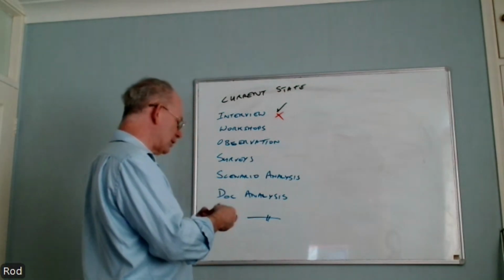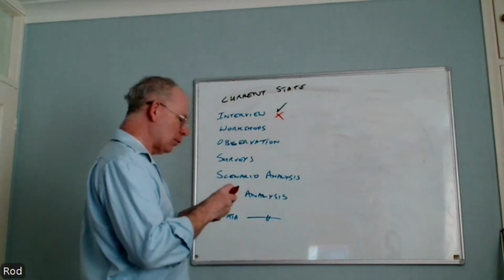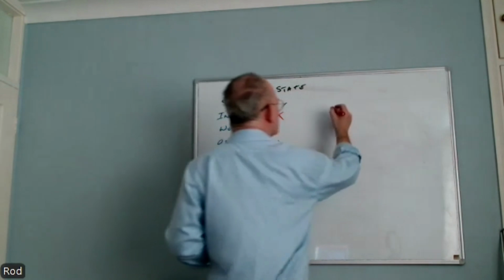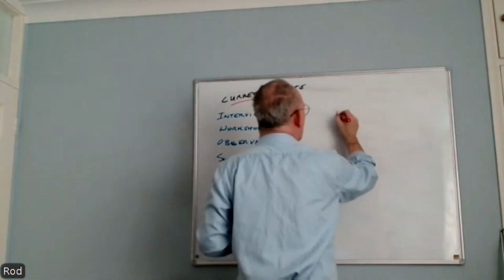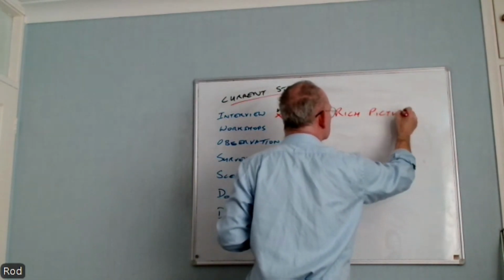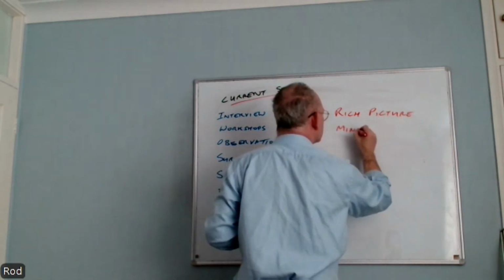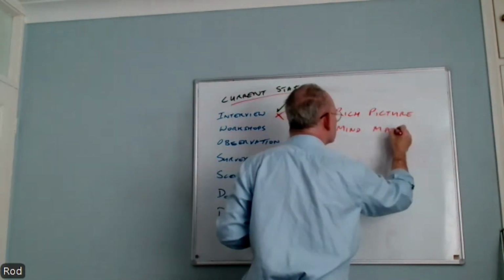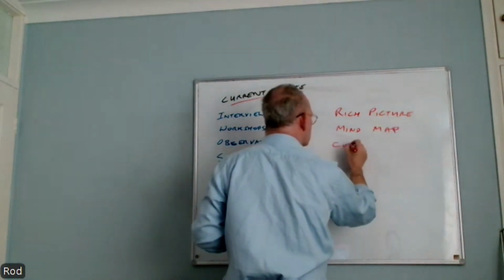And we're going to take all this information and we're going to output it somehow. We're going to gather it together. We can output it as, because we're trying to get at this current state, a rich picture. We can put it out as a mind map. We can output it as a customer journey.